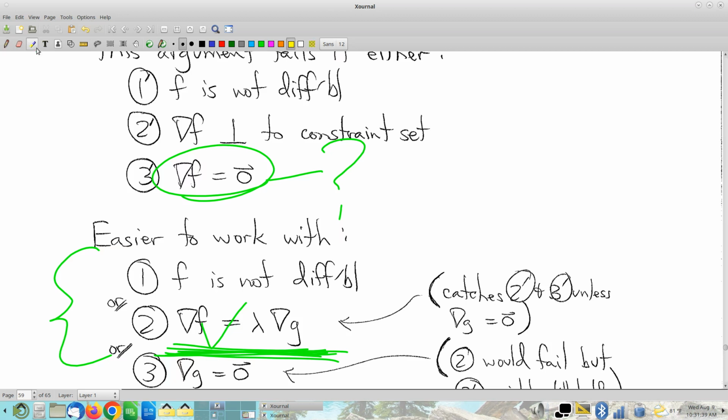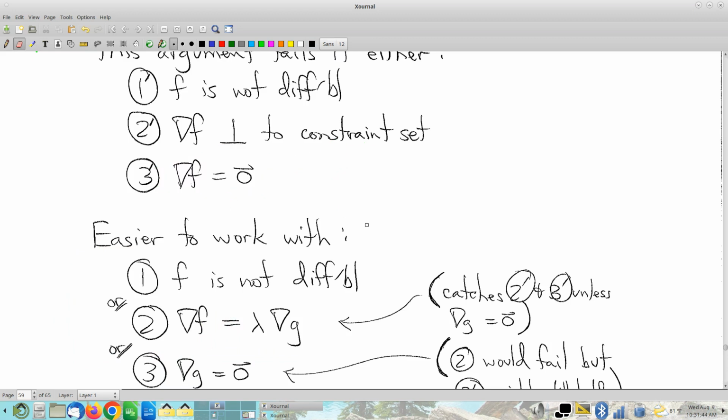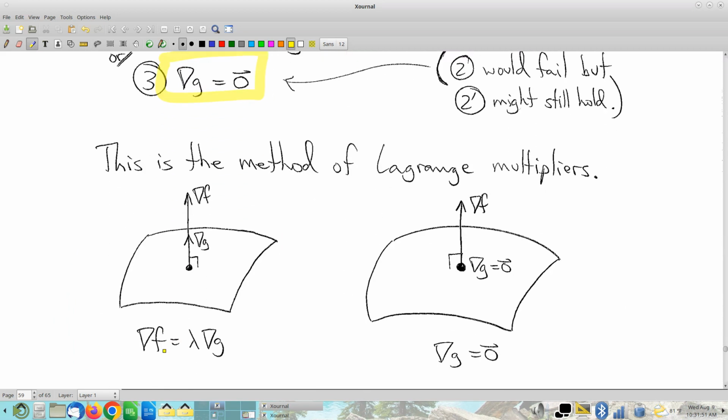Okay. So what about this bit? Oh, whoa! Hang on. I was trying to erase. There we go. What about this business about the gradient of g being 0? Why am I worried about this all of a sudden? That has to do with this picture down here. If the gradient of g is equal to 0, such as this, then the picture that I had drawn, where the gradient of g is like this and the gradient of f is like this, the gradient of f is clearly a multiple of the gradient of g.